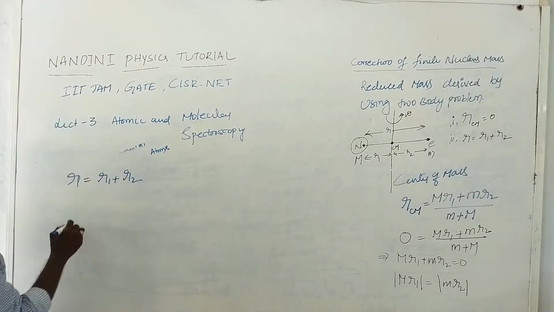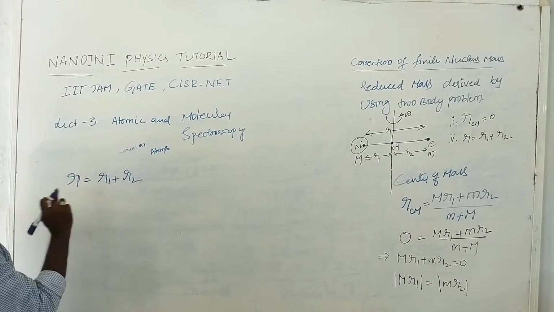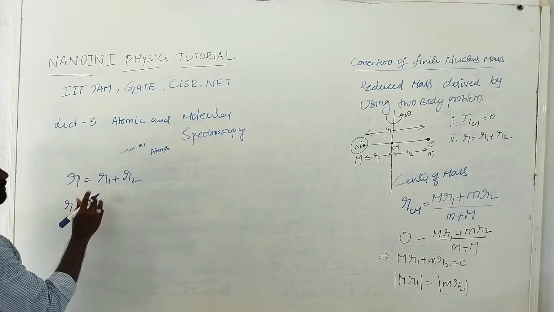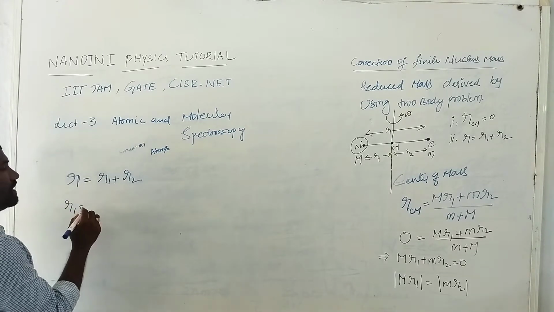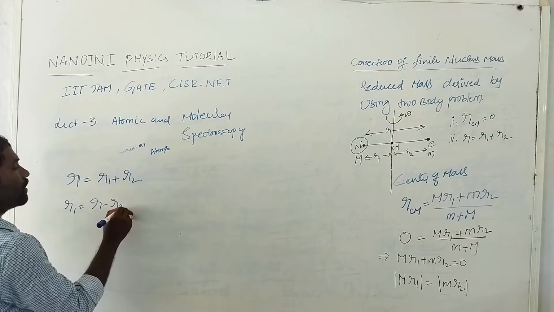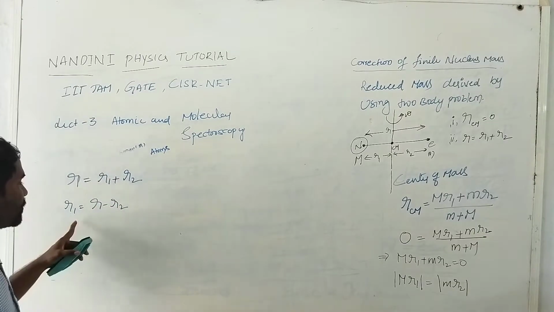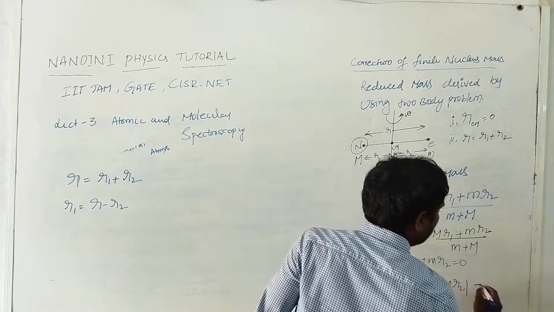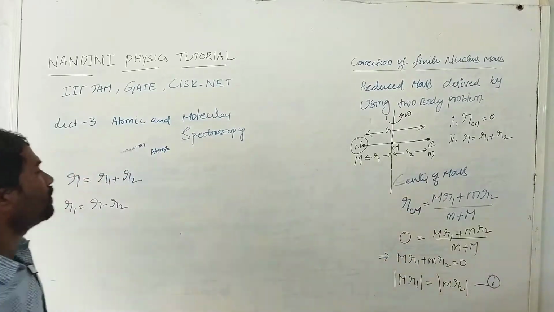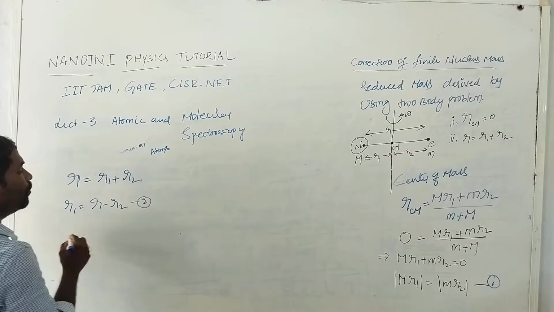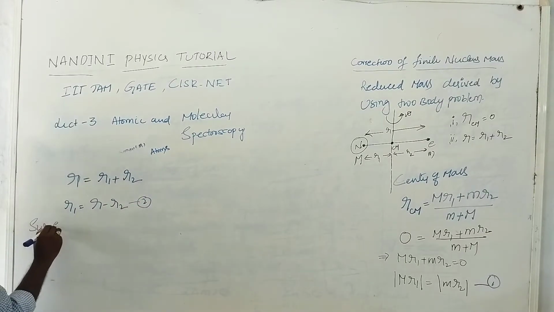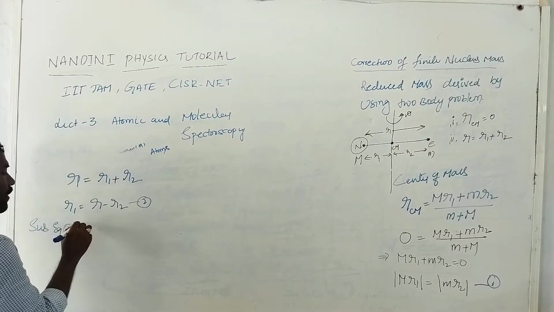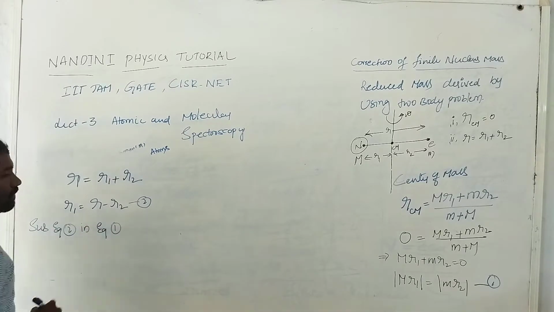From this equation, r1 is equal to r minus r2. I will substitute this equation into the earlier equation. This is equation 1 and this is equation 2. I substitute equation 2 into equation 1.